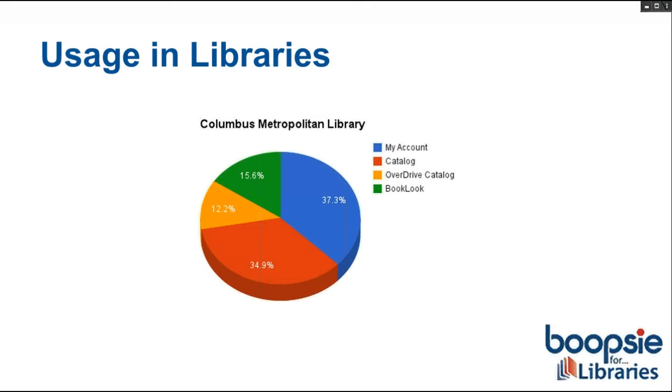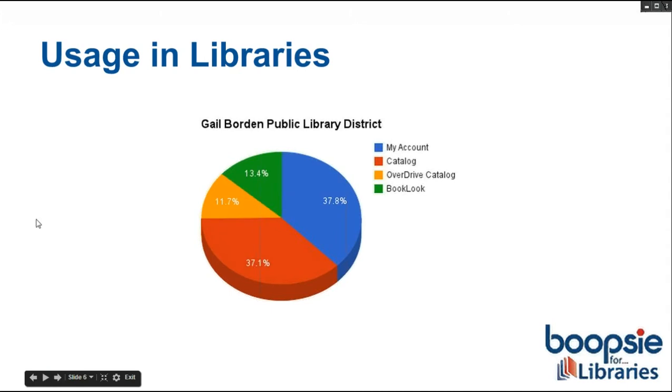They had closer to 16% of their app users use BookLook, even more than the Overdrive Catalog, which was surprising but great. About 13,000 of Columbus's 40,000 unique users in 2013 actually accessed BookLook. So tremendous usage.